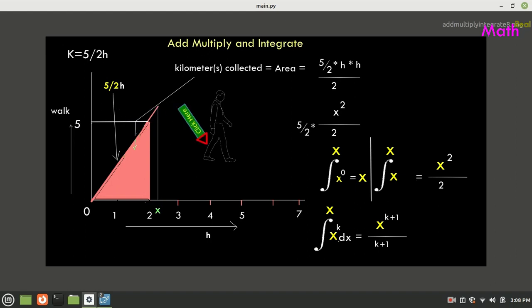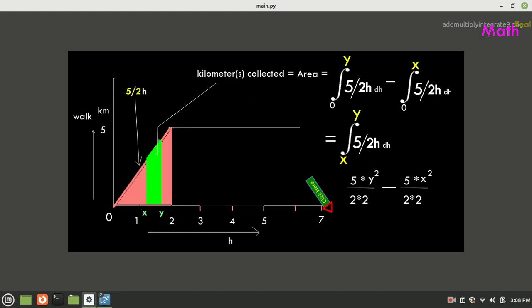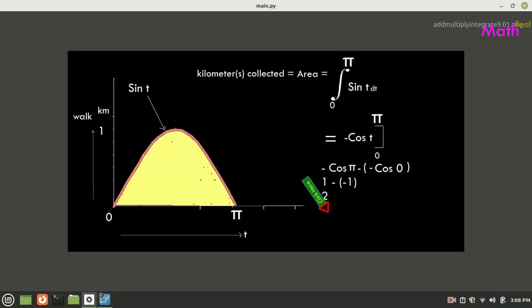So we calculated the area of a rectangle, we calculated the area of a triangle, and at the end we came to this formula. That is how much area it would be. We use these fundamentals in the sine wave also. We just calculated the area.